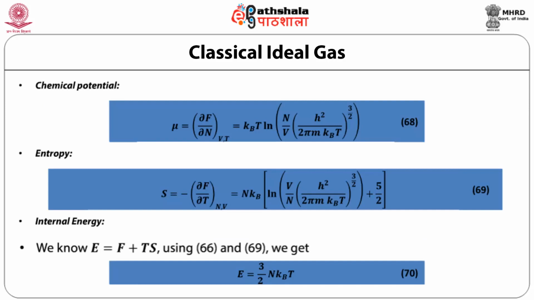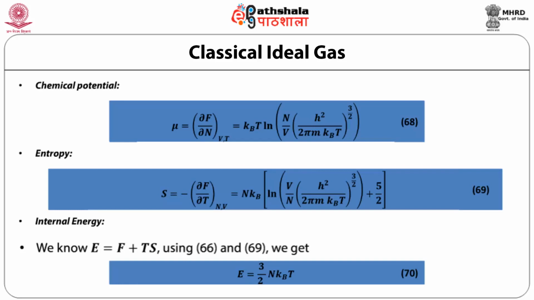Chemical potential mu is equal to partial derivative of F with respect to n at constant V and constant T, equal to k_BT log of n upon V multiplied by h square upon 2 pi m k_BT raised to power 3 by 2.